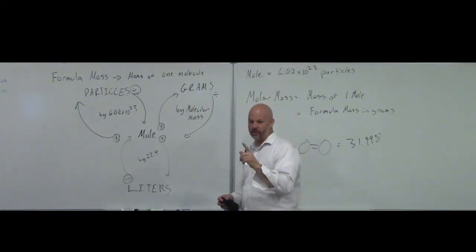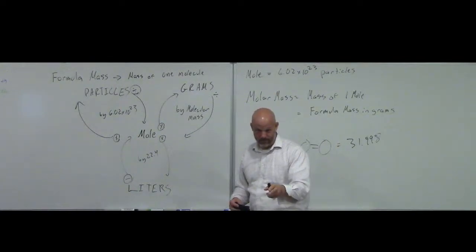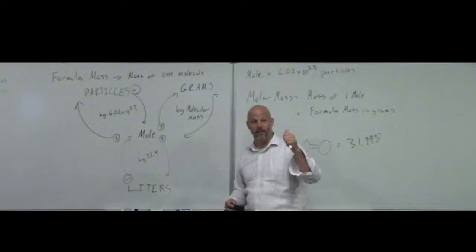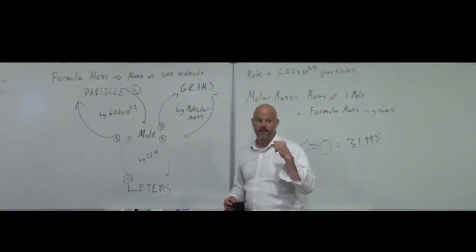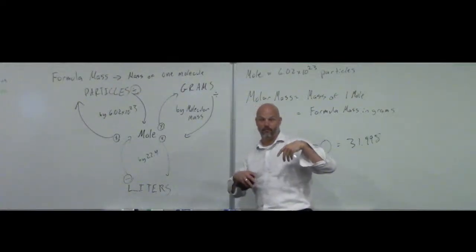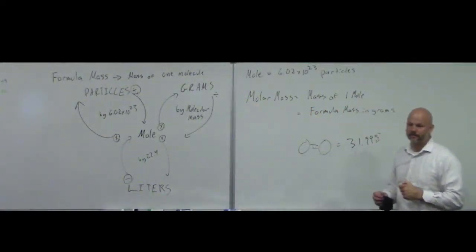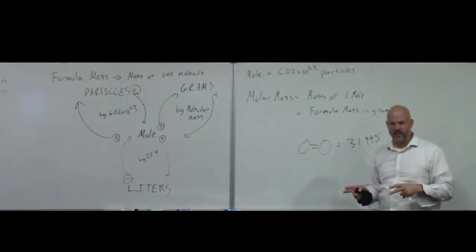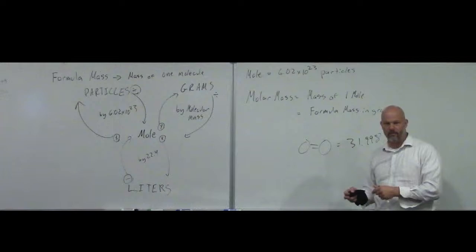Grams? So just be in grams. The numbers are the same, but it's going to be in grams, because molar mass is defined as the grams per mole, right? Or the grams that that number of particles will have. So would you just double it again? No, you're not doubling it. It's the same number. Just the unit is different. Oh. Instead of AMUs, now it's going to be grams.